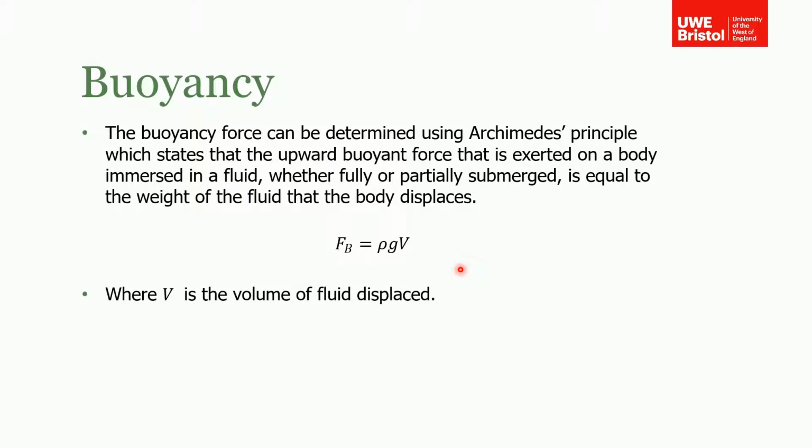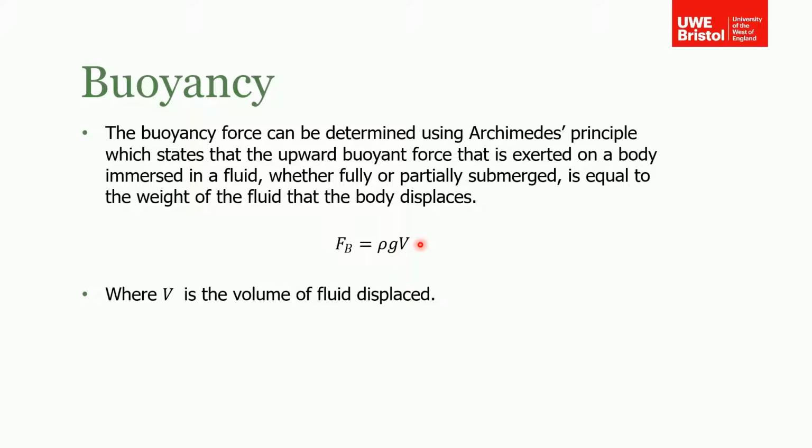The magnitude of the buoyant force can be determined from Archimedes' principle, which says that the upward buoyant force on the body is equal to the weight of the fluid that the body displaces. Written mathematically, that is ρgV, where V is the volume of the fluid that the body is displacing.